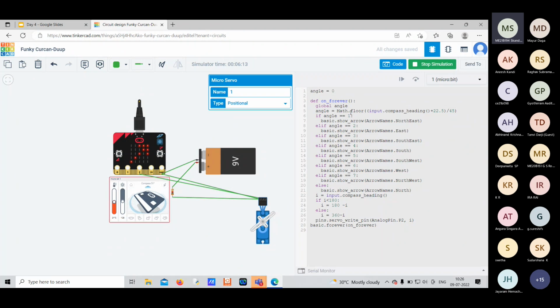Now to avoid discrepancies, we are using the floor function, which is exactly the greatest integer function of mathematics, used from the math library, which is inbuilt in the case of MicroPython, unlike Python, where you have to import the library, or even Arduino, where we imported the Adafruit library.